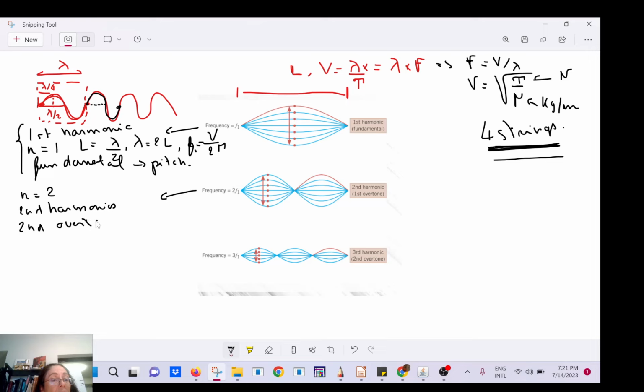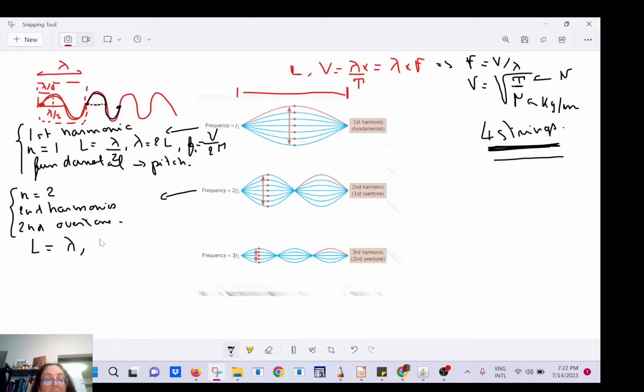Overtone. Okay, so in that case, inside that length here, you can have one cycle. So you have one length equals one wavelength.